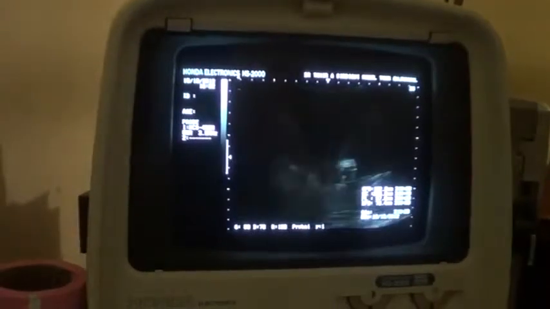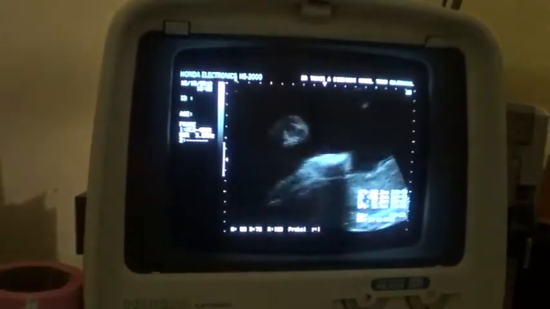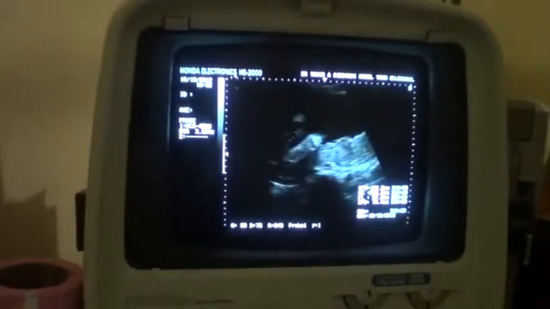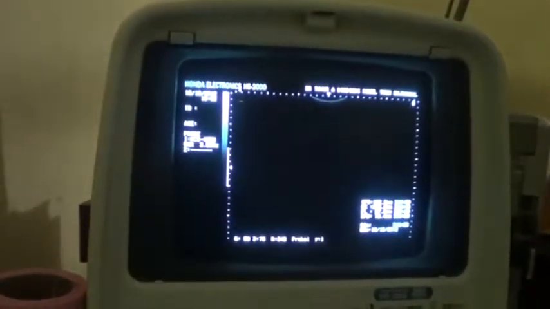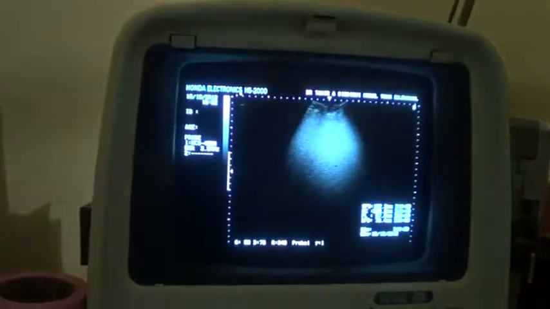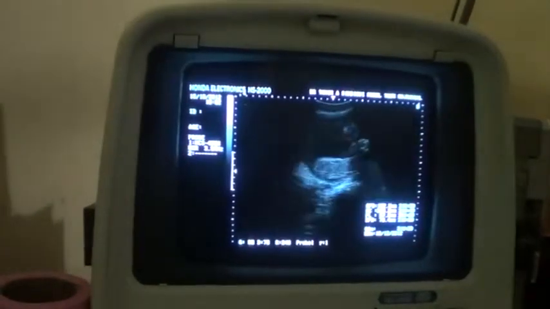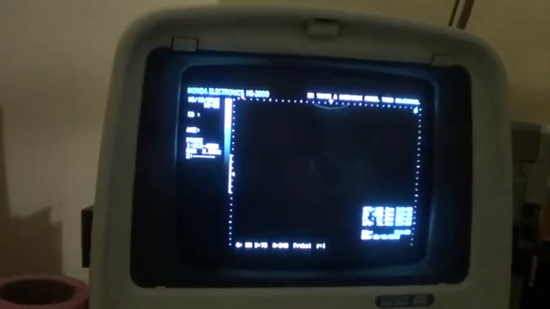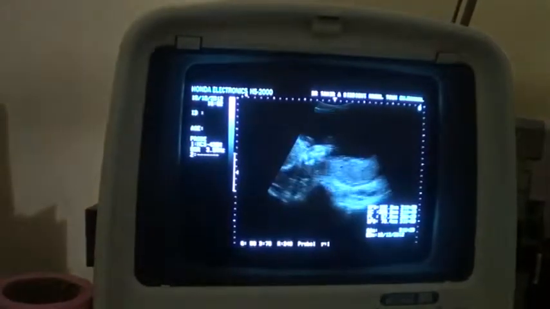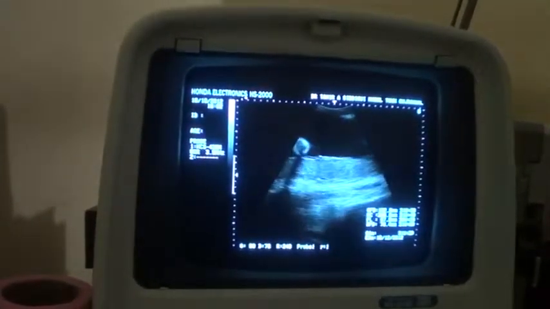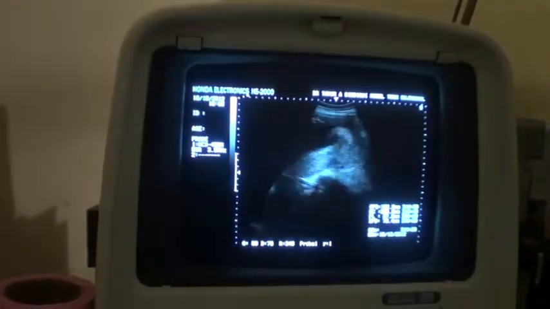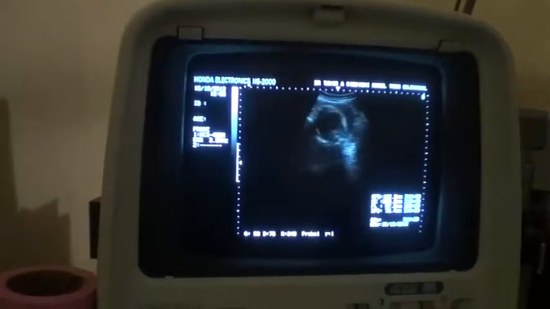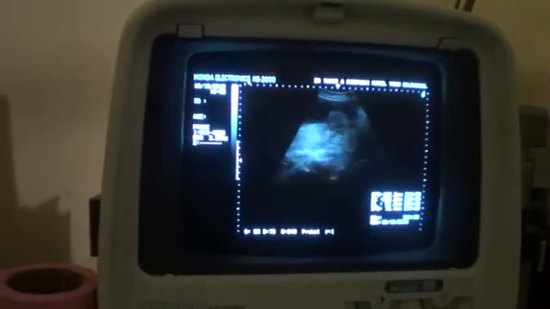Now you see that there is a significant amount of fluid, which corresponds with the definition of hydramnios. The placenta is still, you can trace it down here up to the cervix.